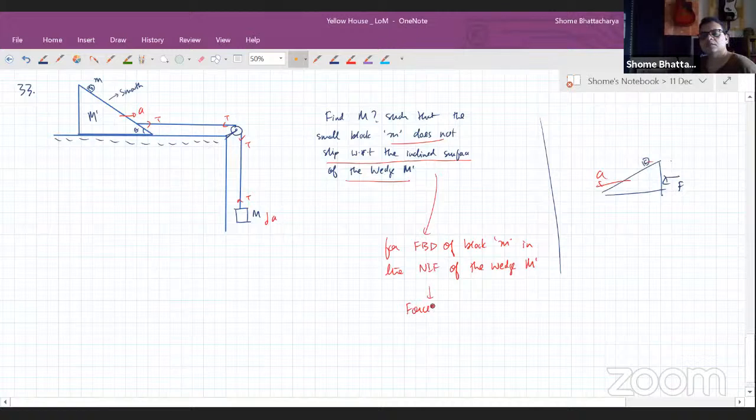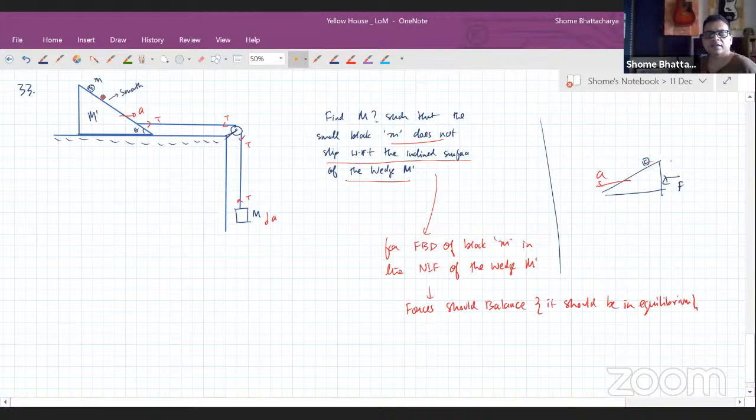Forces should balance, or it should be in equilibrium. That is the condition you have to apply. Okay. So just recall this question and you'll know what to do.